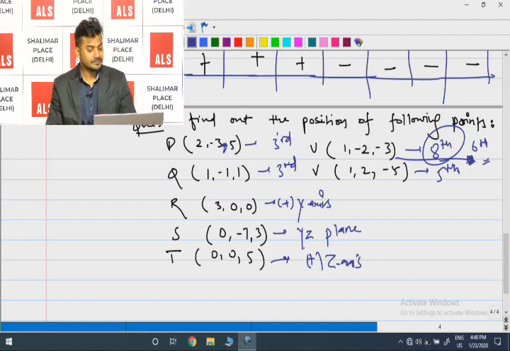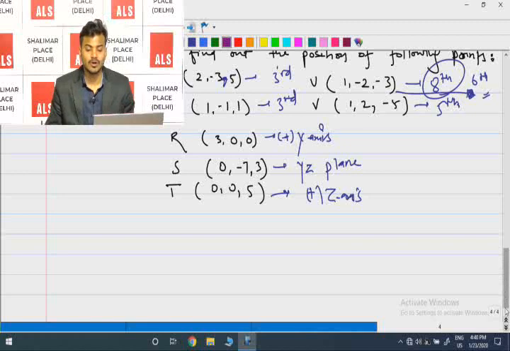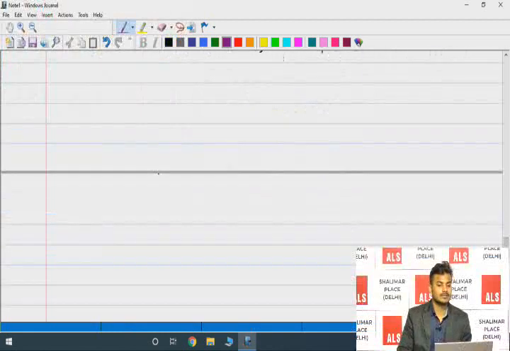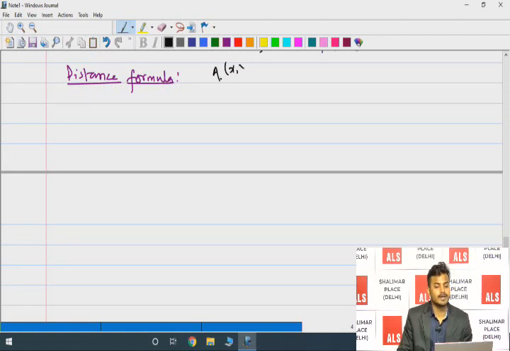Very good. Now the next topic is the distances of any general point P from the axis, the plane and the origin. So let's do that part as well. It's very important. Distance formula, very quickly. A point A is given x1, y1, z1. Some point B is given x2, y2, z2.